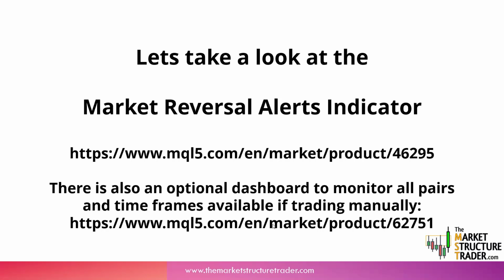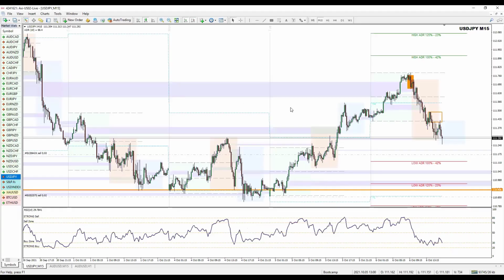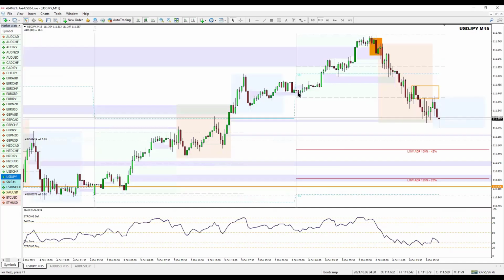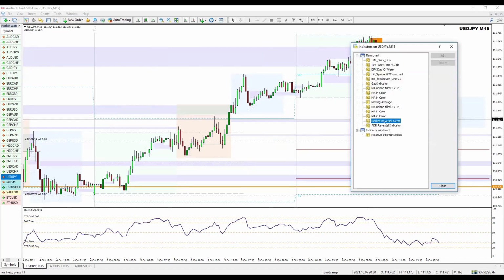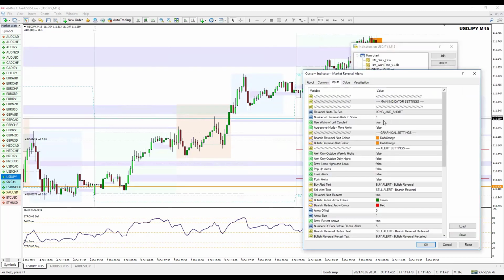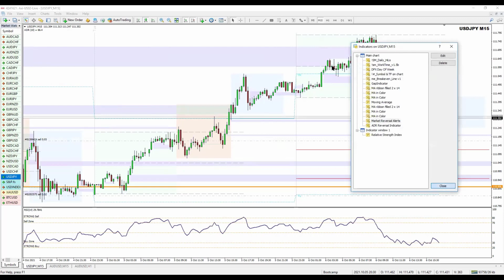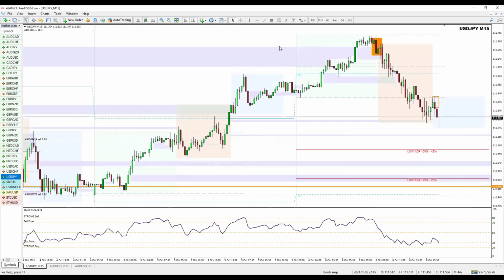Okay, so the market reversal alert indicator, what this is, is this box here and this rectangle that you see on the screen. What this is doing is showing you when there are signs of weakness in the market. I'm just going to quickly fine tune this, just to explain better how it's working.